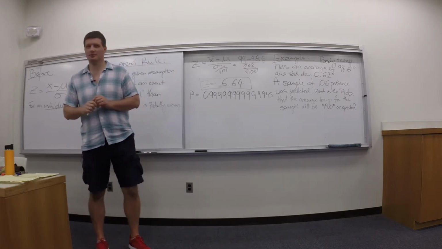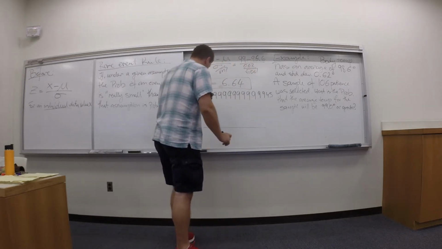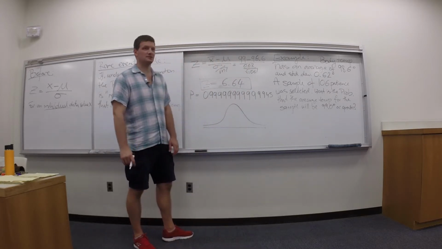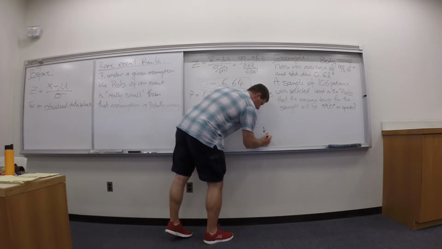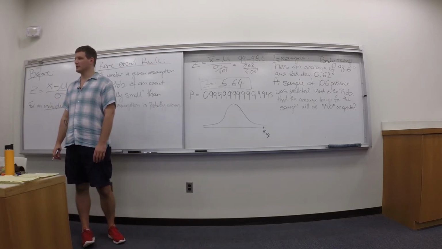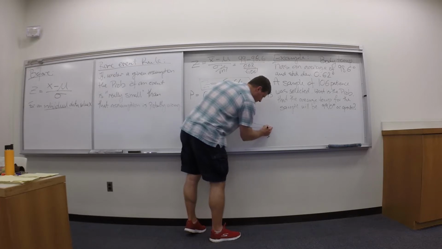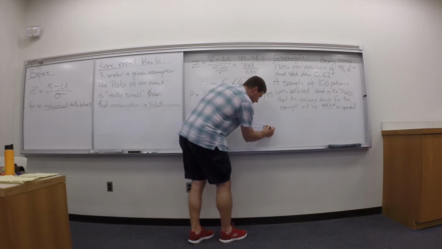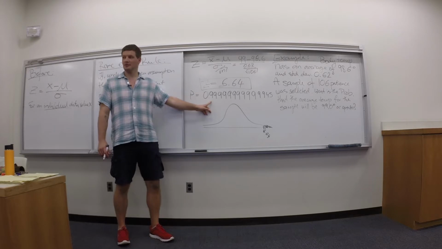So let me draw you a picture. Where is 6.6? 6.6 is about here. Which part of the graph am I looking for? So I'm looking for this little part, and I'm telling you this is the probability for that little part.